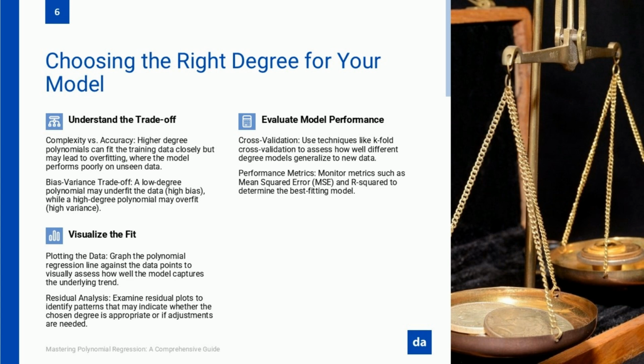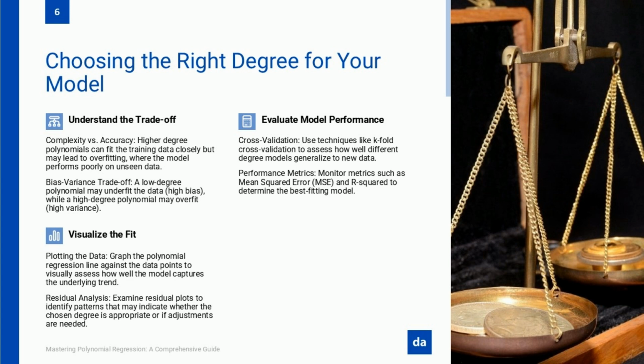One of the best ways to determine the right degree is through cross-validation, a technique that helps assess how well a model generalizes to new data. A common method is k-fold cross-validation, where the dataset is divided into k subsets. The model is trained multiple times, each time using a different subset for validation, while the rest of the data is used for training.